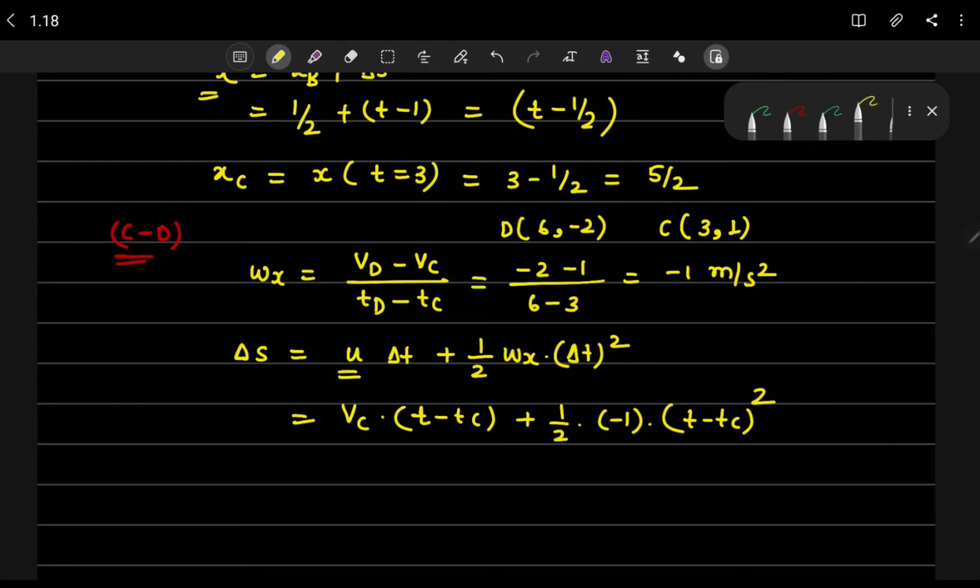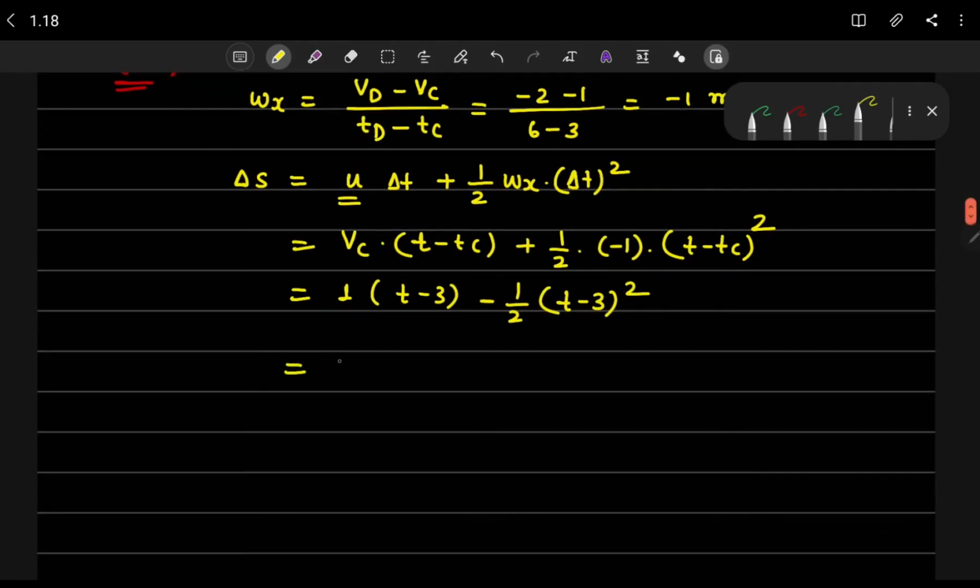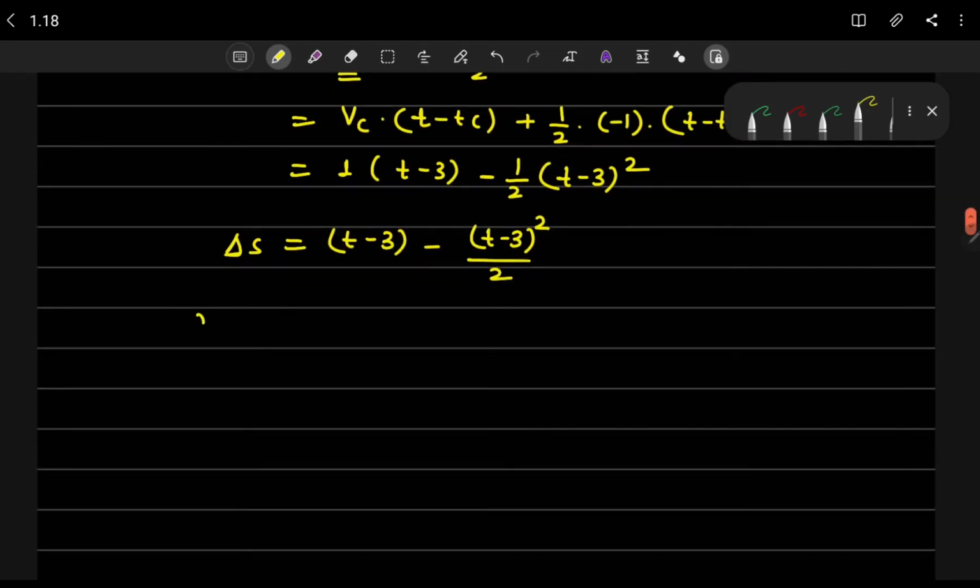Point C is at time t equal to 3, and Vc we know is 1 meter per second, so we can write 1 times t minus 3 minus half times t minus 3 whole square. Basically this is t minus 3 minus t minus 3 whole square by 2, and this is the value of the displacement.